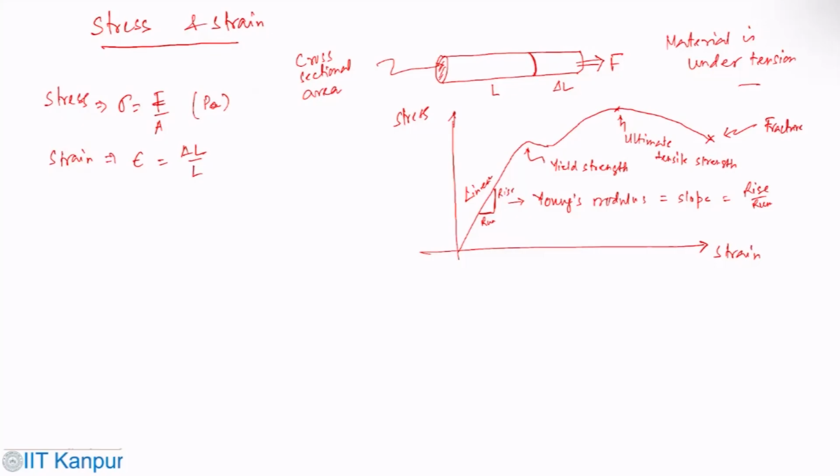For example, let's say for steel, E is 200 gigapascal, yield strength is 250 megapascal, and ultimate strength is 500 megapascal.